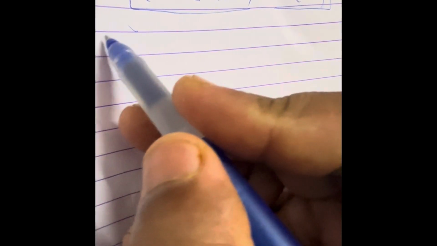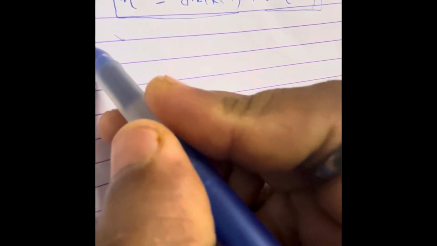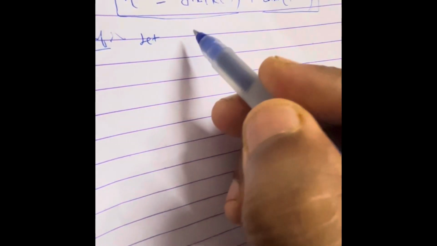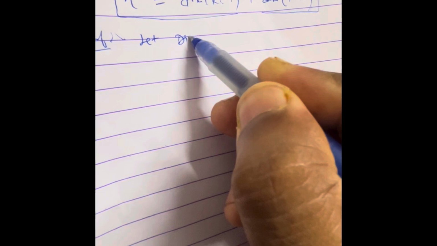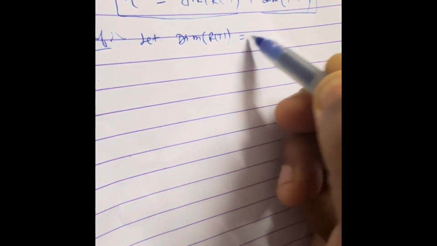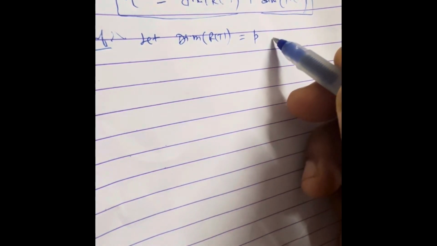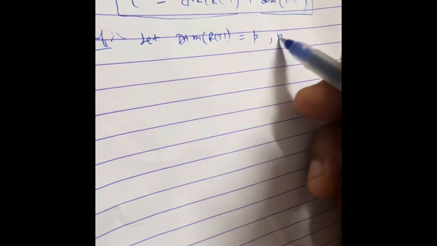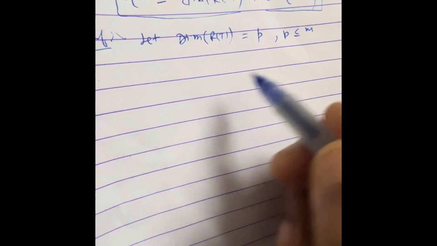So the idea is, let the dimension of R(T) be p, with p less than or equal to m.